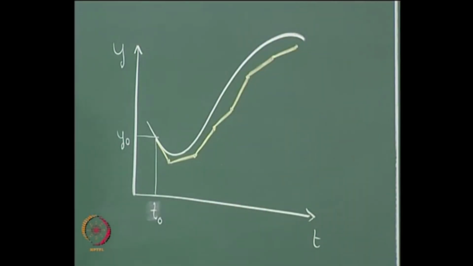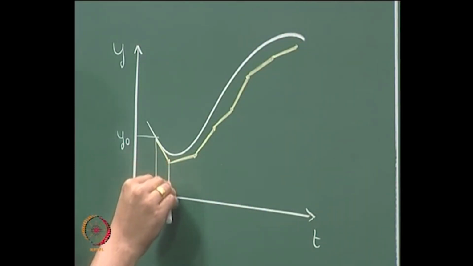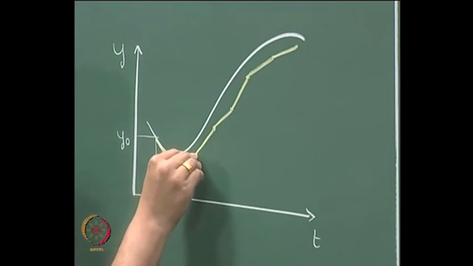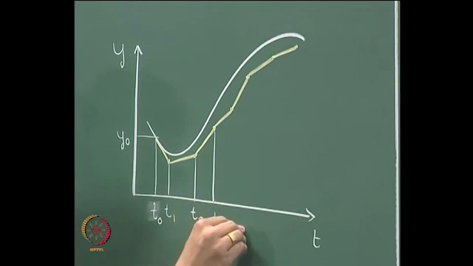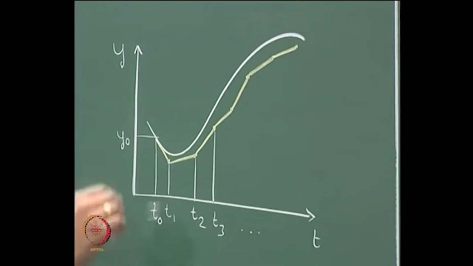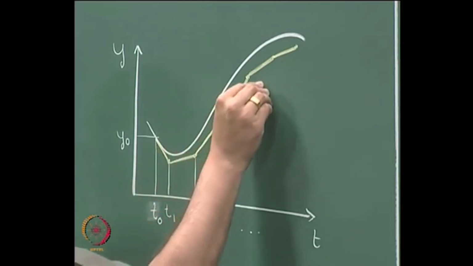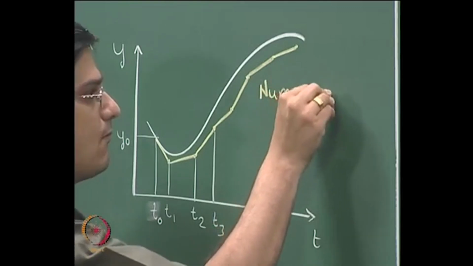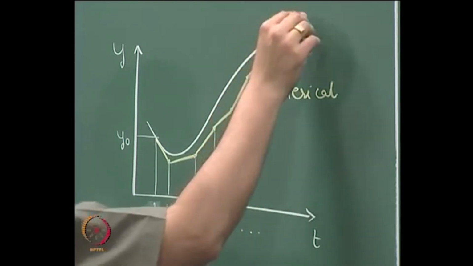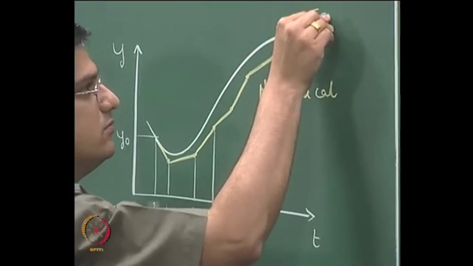Okay, so as the time t progresses from t0 to t1 to t2, t3 and so on, we are going to get the yellow curve. The yellow curve is the numerical solution, and the white curve over here is the true value.